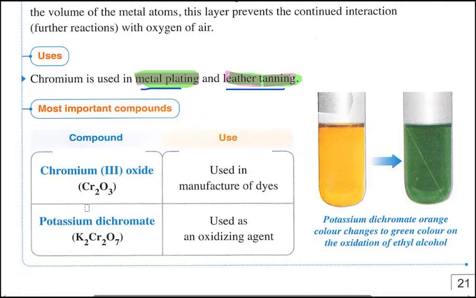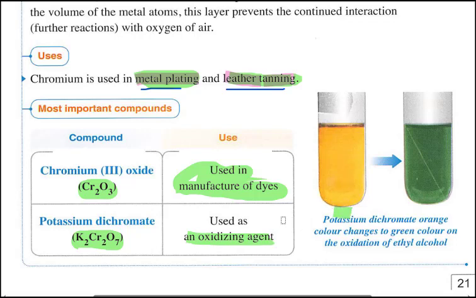From the most important compounds, chromium 3 oxide is used in the manufacture of dyes. Its color is green. And potassium dichromate is an oxidizing agent, and its color is orange.